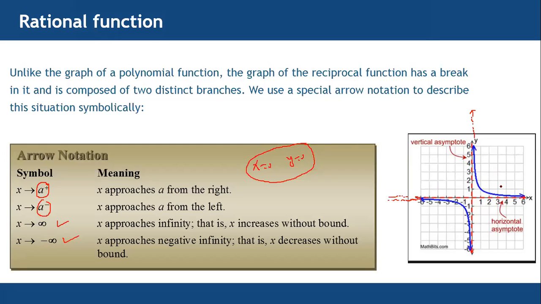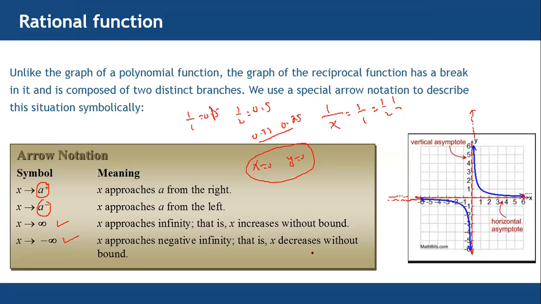You can see here, when you give values to x, like 1 over x, 1 over 1, 1 over 2, 1 over 3, 1 over 4, the value of x is increasing but the value of y is decreasing: 1, 0.5, 0.33, 0.25. So this graph is moving towards 0, but it will never equal 0.